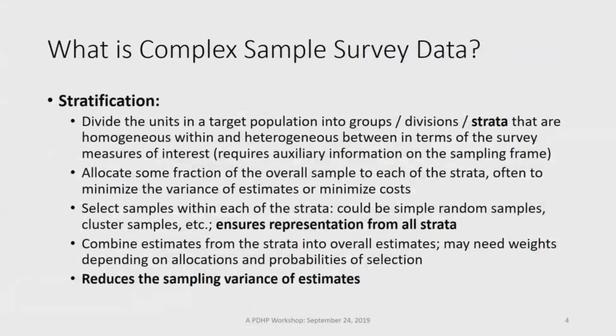The more different that those divisions of the populations are in terms of what we're trying to measure, the bigger the decreases in our standard errors. Okay? So this is why it's so especially important to account for stratification when you're working with these kinds of data sets that were collected from samples with complex designs, because strata are specifically designed to reduce the standard errors of your estimates, give you more precise estimates.